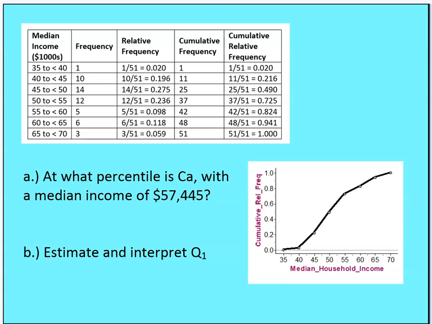And so now, given that the median income for California citizens or households is $57,445, what percentile is California using this cumulative frequency chart or graph and the table? And then secondly, I want you to estimate and interpret the first quartile.